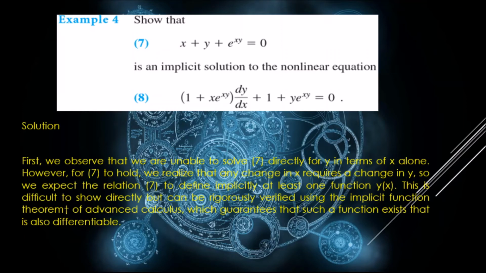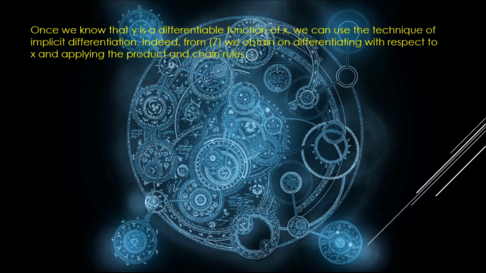This is difficult to show directly, but can be rigorously verified using the implicit function theorem of advanced calculus, which guarantees that such a function exists that is also differentiable. Once we know that y is a differentiable function of x, we can use the technique of implicit differentiation.